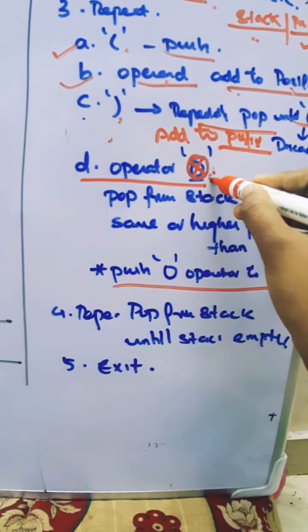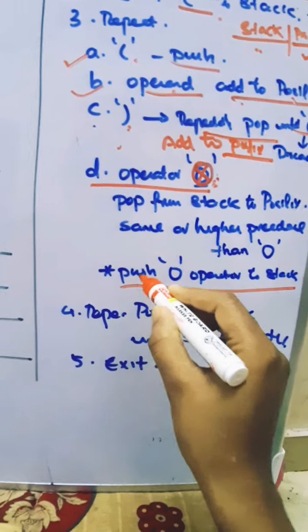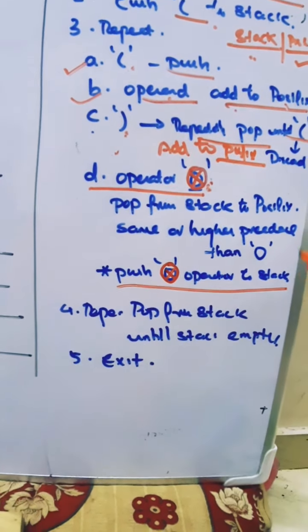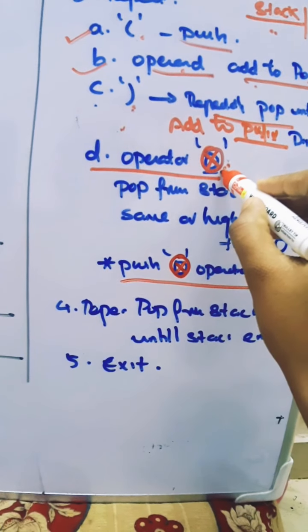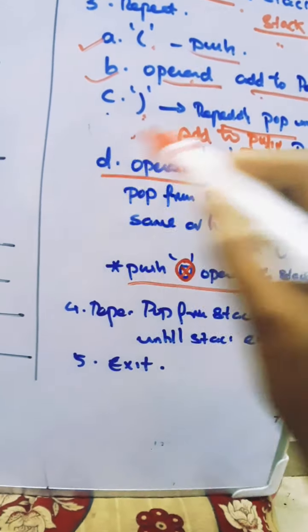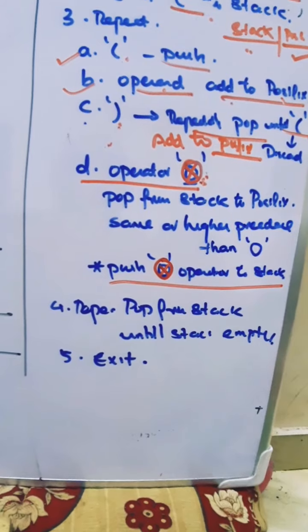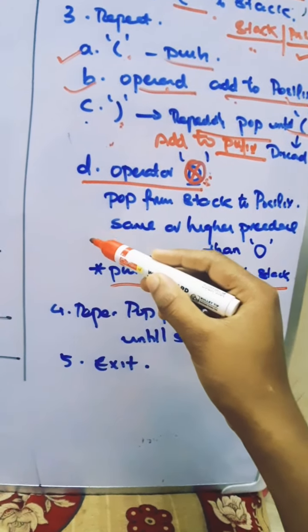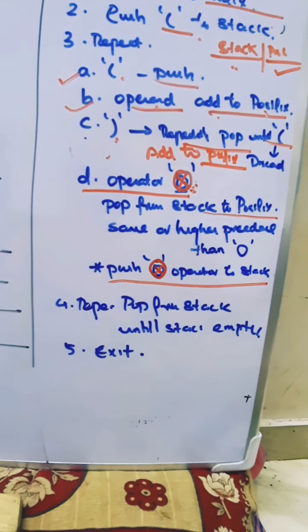If the evaluating operator has higher precedence, you can simply push that operator to the stack. There may be a chance that this evaluating operator has lesser precedence than the top of the stack. At that time, what you have to do? You have to pop that operator from the top of the stack to the postfix expression.